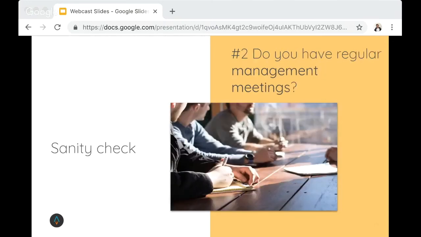The second question to ask is, do you already have regular management meetings, operational meetings, so to speak? So if you don't yet, and definitely when EngageRocket was still a very early startup, we did not have formal management meetings because it just didn't make sense.